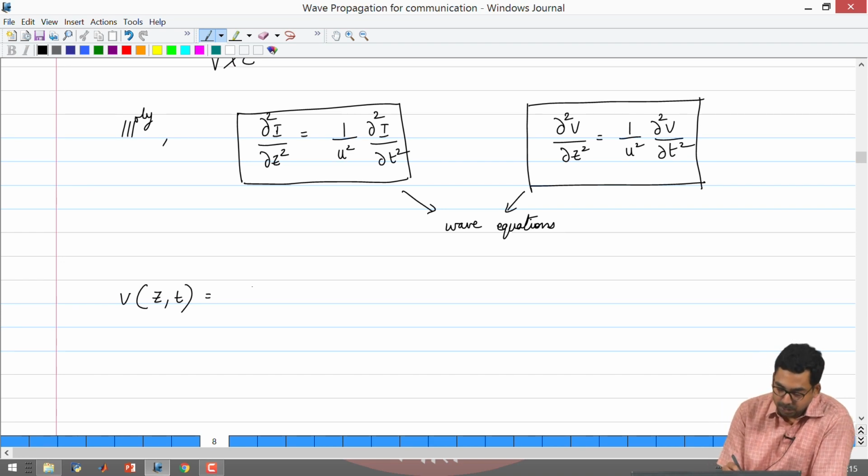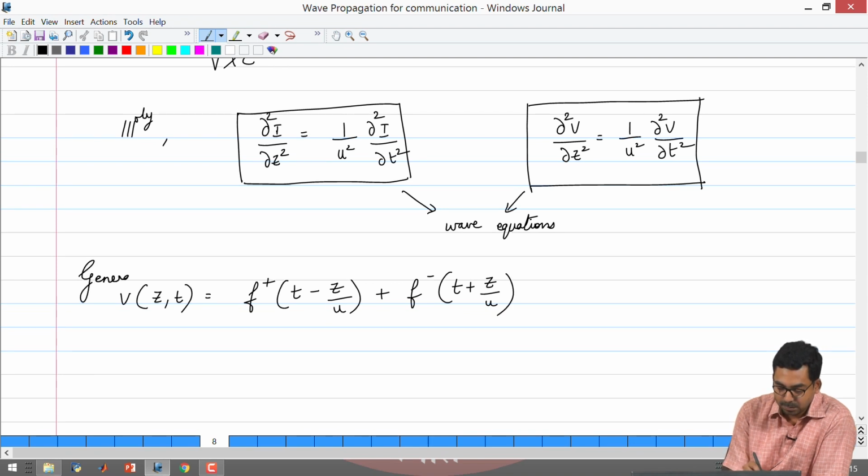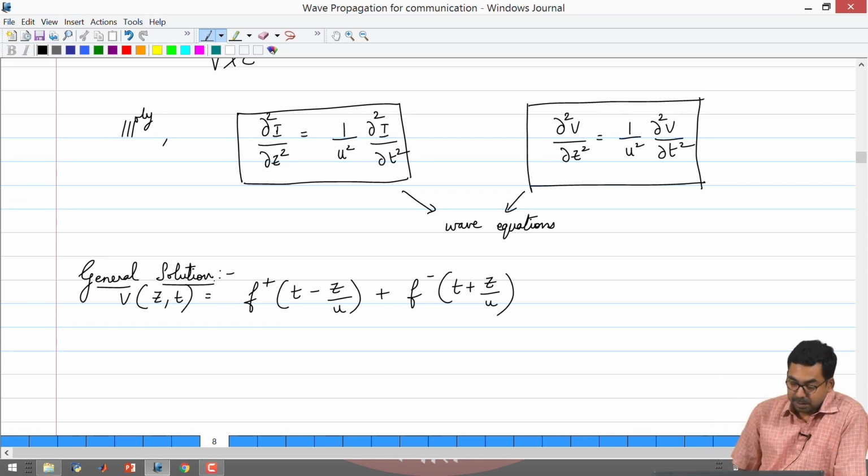It is going to look like f plus of t minus z by u plus f minus of t plus z by u, okay. And many students have difficulty in following this general solution and what their implications are, okay.